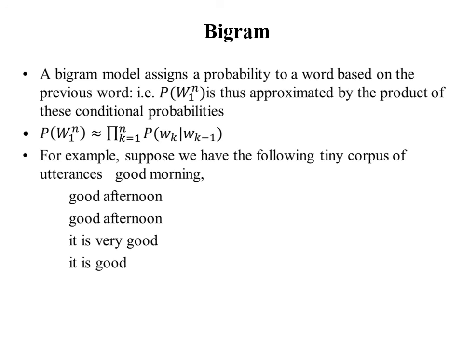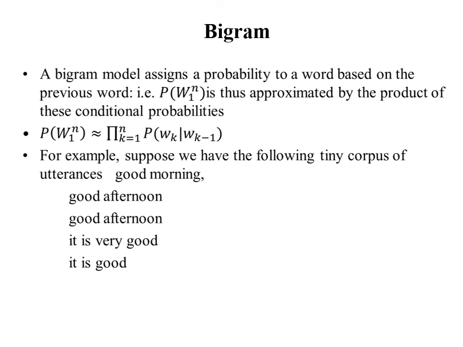A bigram model assigns a probability to a word based on the previous word, so the probability of words 1 to n is thus approximated by the product of these conditional probabilities. That is, we find the probability of W_k given that W_(k-1) has already happened.